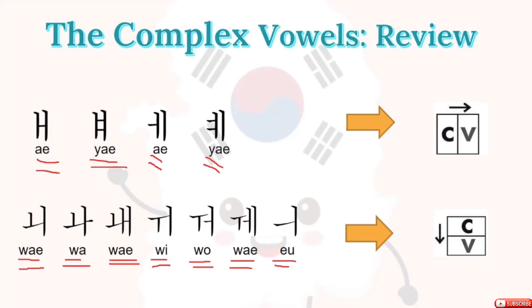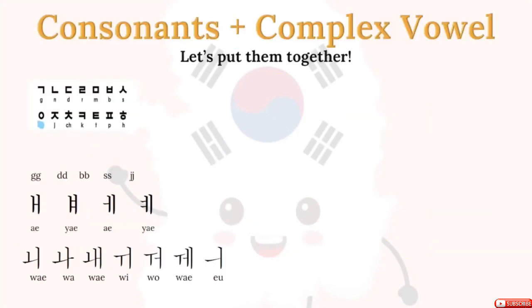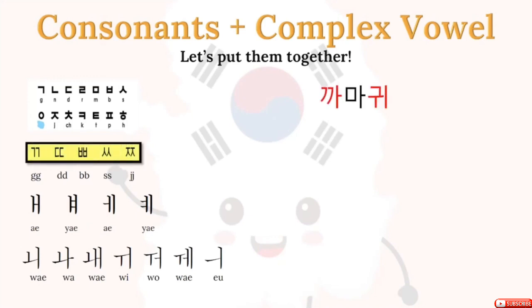Okay. So let's try to put them together on the next slides. I have prepared all the charts for you on the left. So the first word is, let's try to read this.